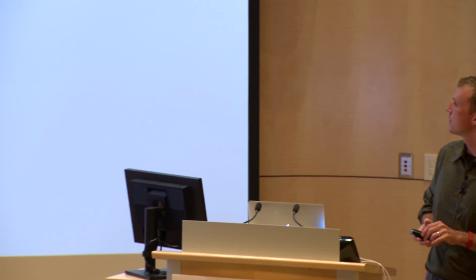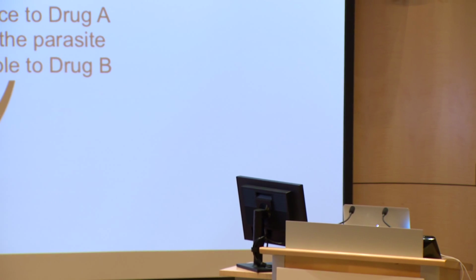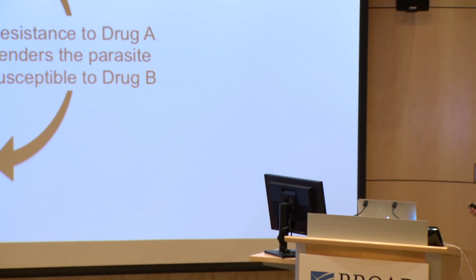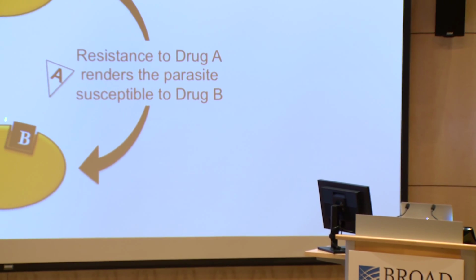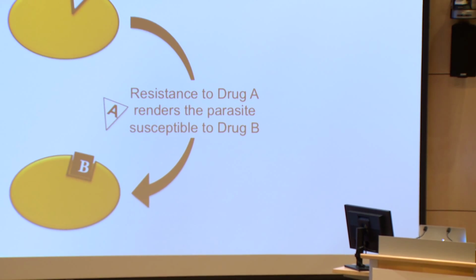So let's imagine a drug target here, symbolized by this kind of orange oval, and two different drugs, A and B. When this A drug can dock into that drug target, that means it's doing its job and the pathogen is susceptible. So applying that A drug leads to the evolution of resistance to the A drug in the pathogen. And you get a change in that docking site there so that the A drug can no longer stick.